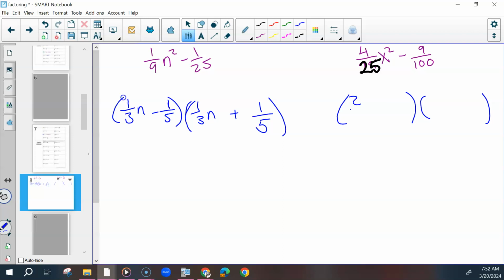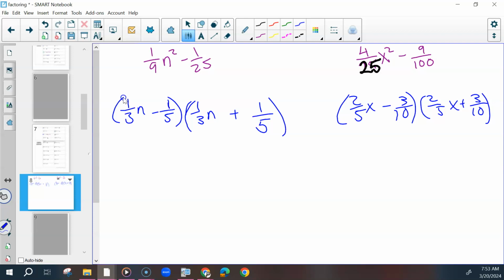Over 5. Yeah. Keep going. Okay. Keep going. 3 over 10. Plus minus.